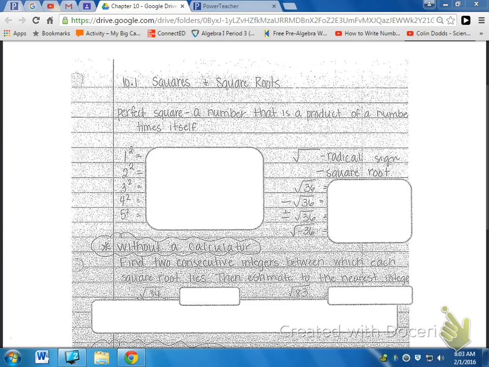1 squared means 1 times 1, which is 1. 1 is a perfect square because if I square root 1, it comes out to the integer 1 because I know 1 times 1 gave it to me. 2 squared, what's 2 squared? 4. 4 is a perfect square because if I square root 4 then, that comes back to an integer of 2. 3 squared is 9.